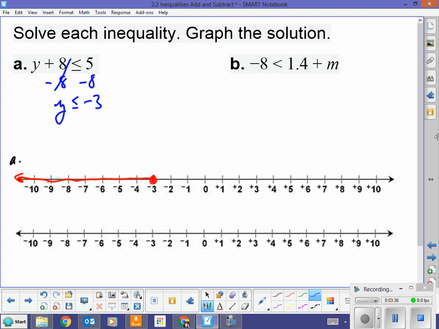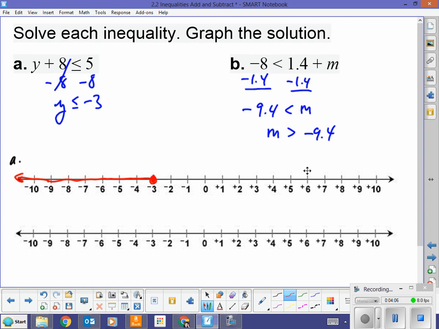Okay. And then for b, even with the decimals, negative 8 is less than 1.4 plus m. If I subtract 1.4 from both sides, I'll have negative 9.4 is less than m, which means m is greater than negative 9.4.